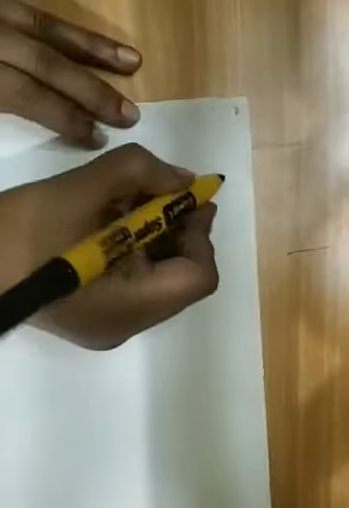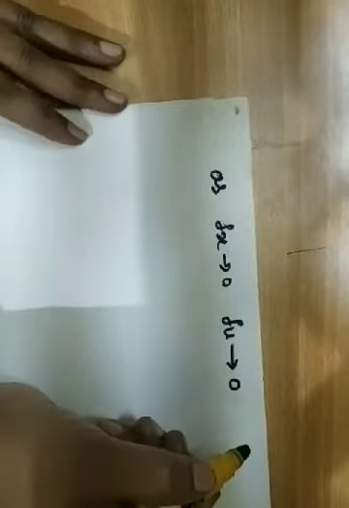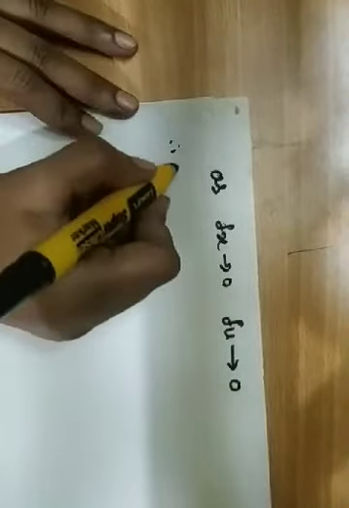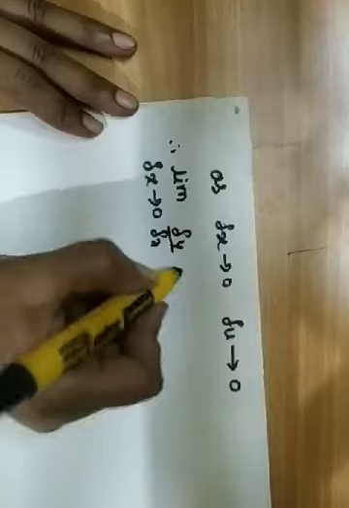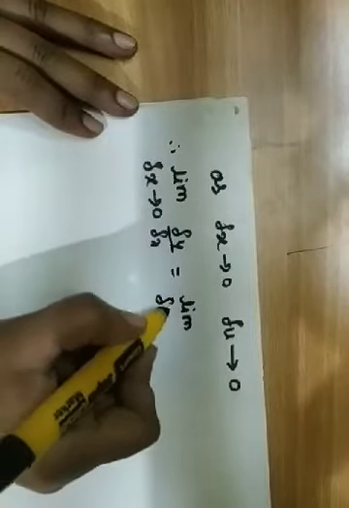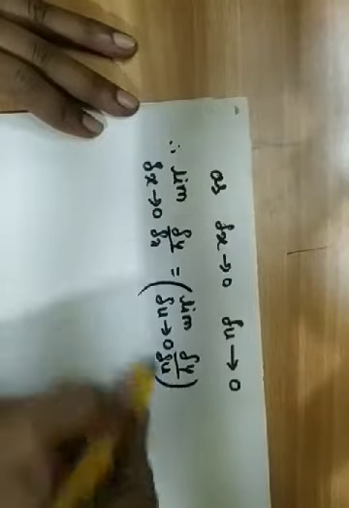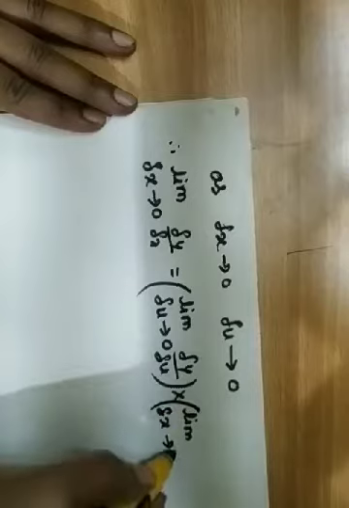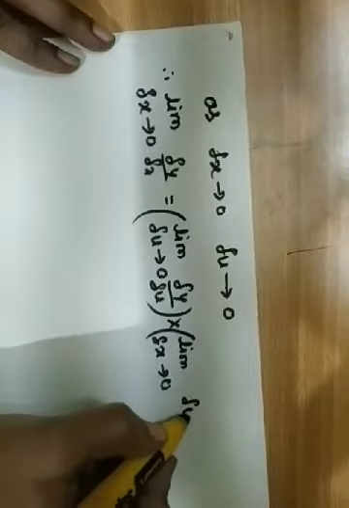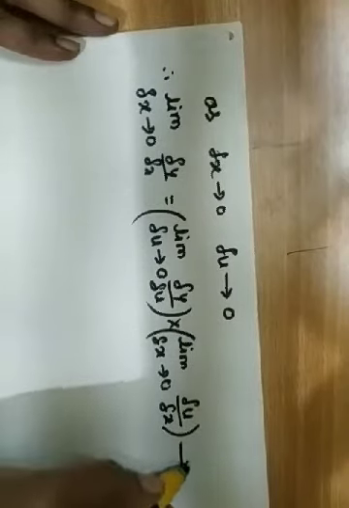So the terms become: on the left side, limit as delta x tends to 0, keep as it is delta y by delta x, and that is equal to limit, change here the limit, delta u tends to 0, delta y by delta u into the second limit, limit as delta x tends to 0, delta u upon delta x. This becomes equation 1.